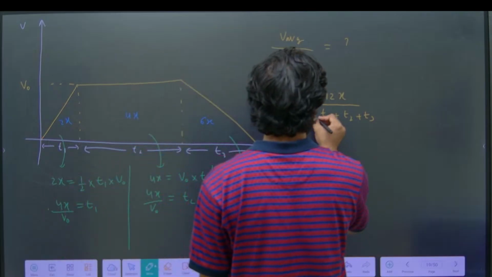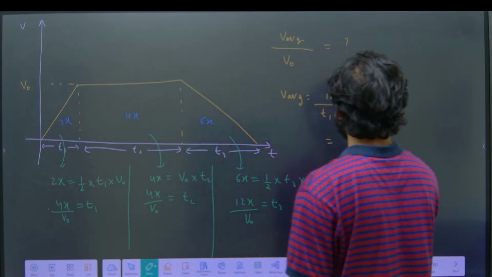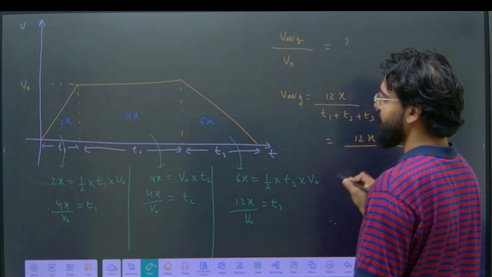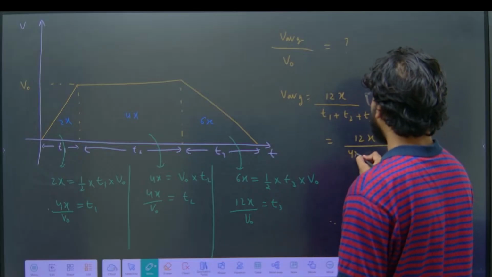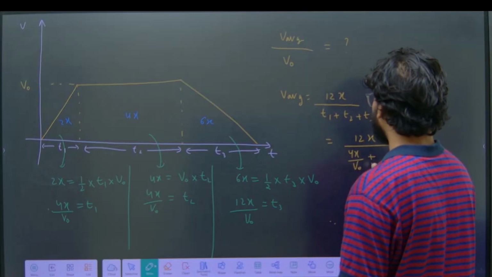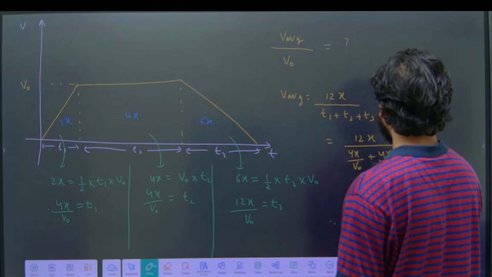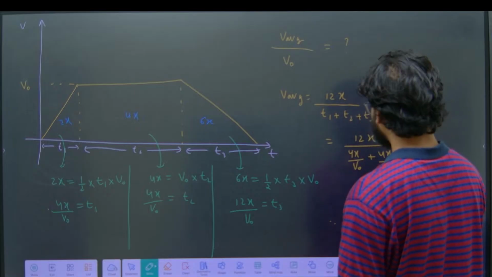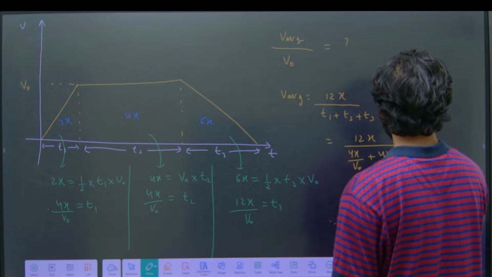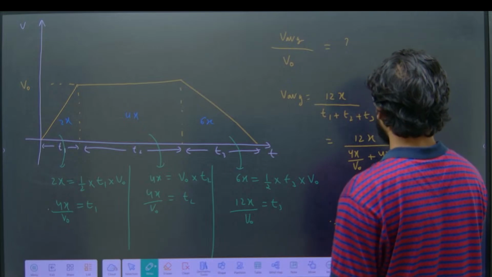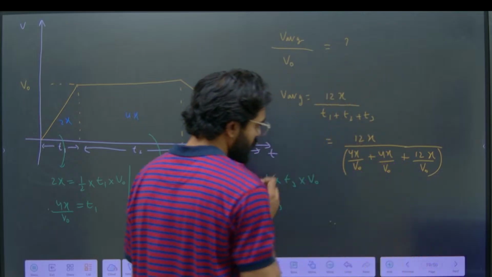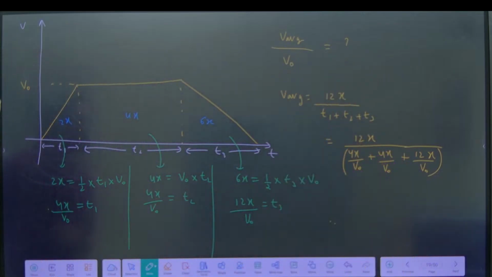So now let's solve this V average. It is 12x divided by T1, which is 4x upon V naught, plus 4x upon V naught plus 12x upon V naught. So V naught, V naught, V naught, it is same.